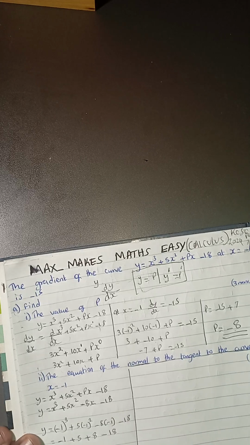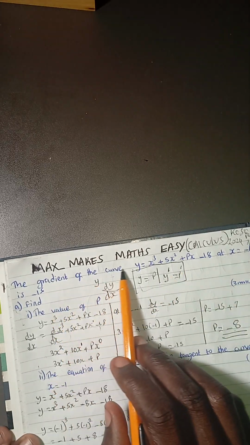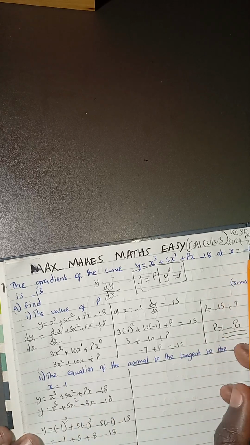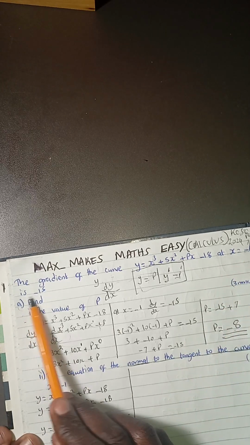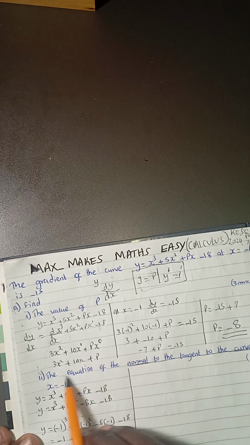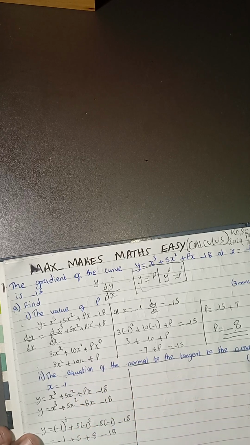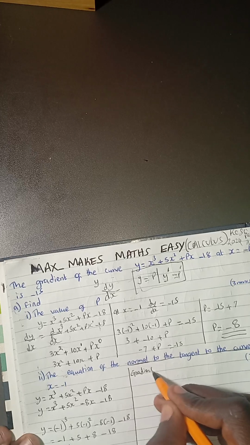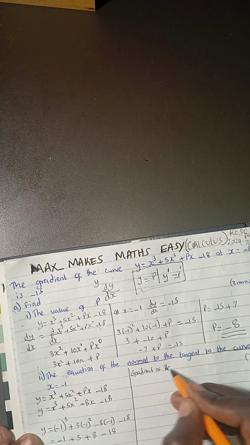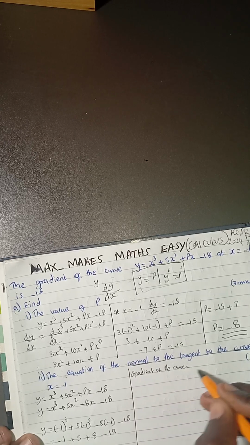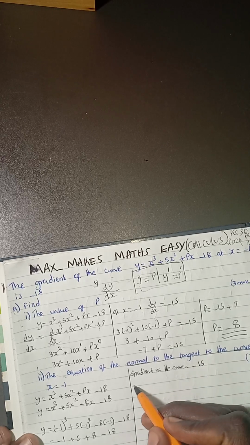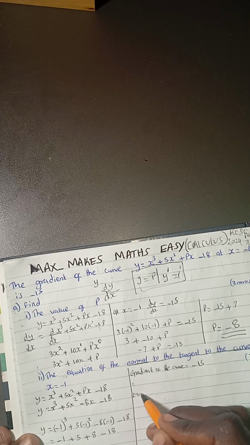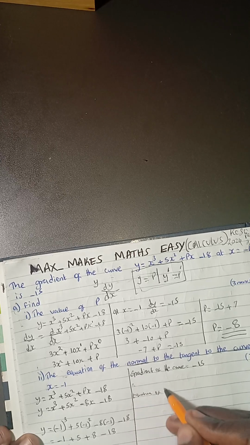So remember again, we are told the gradient of this curve at x equals negative 1 is negative 15. If we want to find the equation of the normal to the tangent, we have the gradient of the curve as negative 15, and we are told to find the equation of the normal.